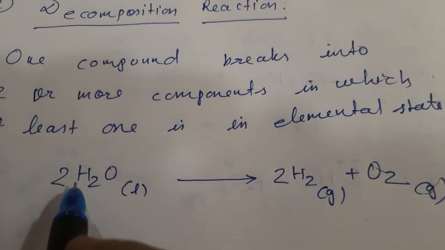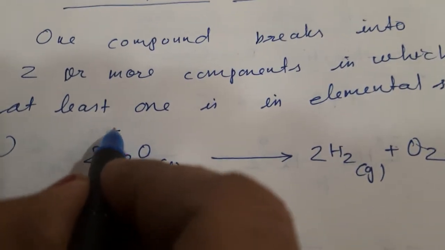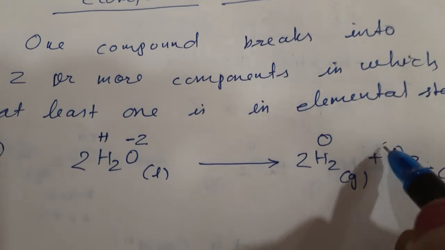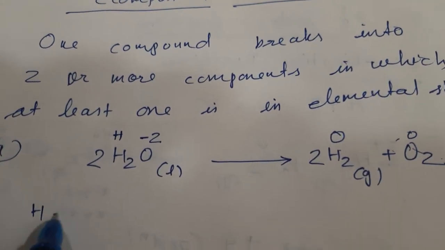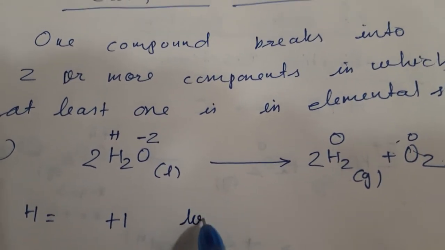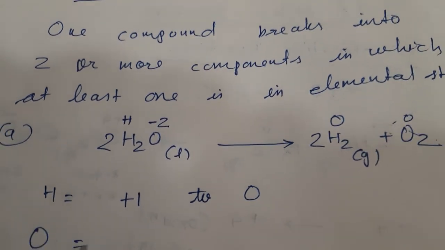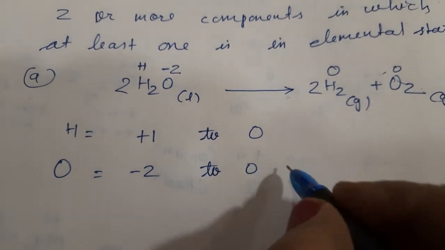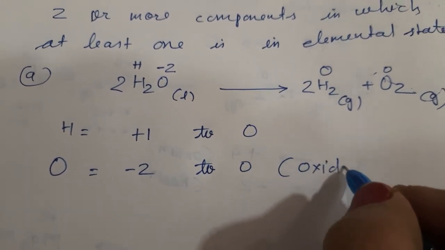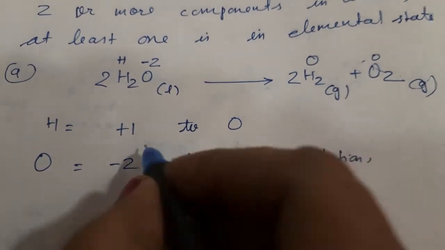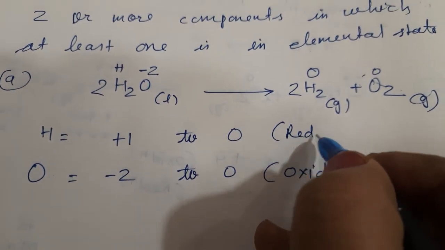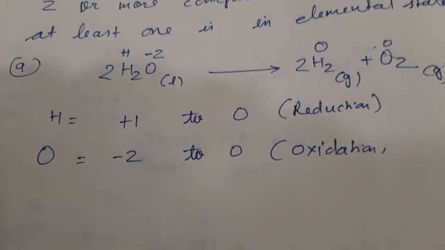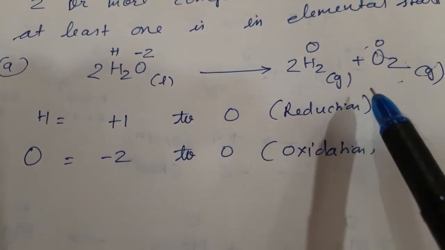So here we find in H2O, hydrogen goes from +1 to 0, oxygen from -2 to 0. That means -2 to 0 is oxidation, and +1 to 0 is reduction. Therefore it is a type of redox reaction. In this particular redox reaction, both products are in elemental form.